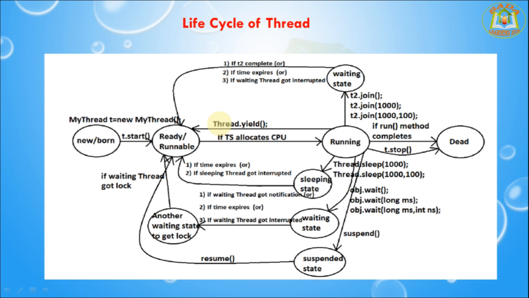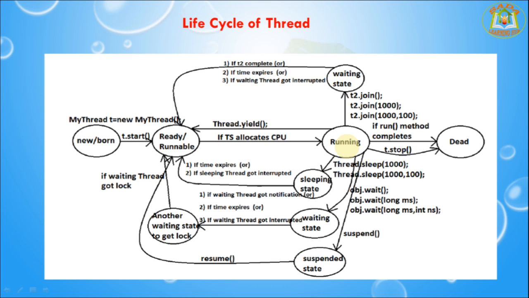Finally, a thread has five states: the newborn state, the ready or runnable state, the running state, the dead state, and the blocked state. Whenever a thread object is created, it goes to the newborn state. Whenever we call the t.start() method, it goes to the runnable state. Depending upon the thread scheduler, it goes to the running state. After the run method is completed, it goes to the dead state.